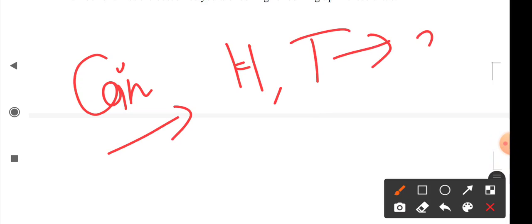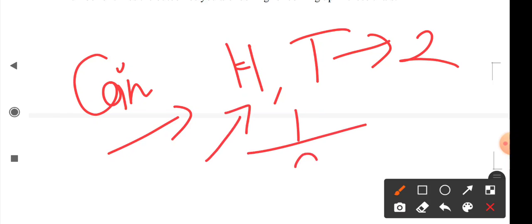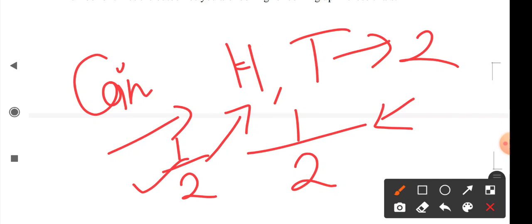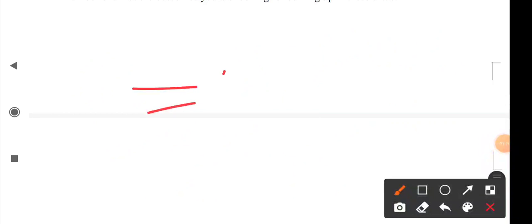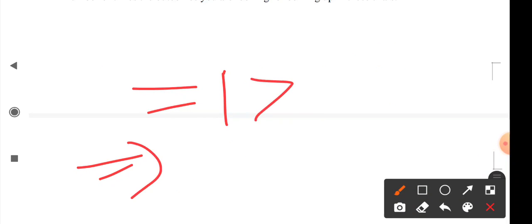If we have to find the probability of getting a head, since head can come one time and the total number of outcomes is 2, the probability of getting a head is 1 upon 2. Similarly, the probability of getting a tail is again 1 upon 2. And you should understand that the sum of all the probabilities should be equal to 1, probability should not be greater than 1, and probability can never be negative.